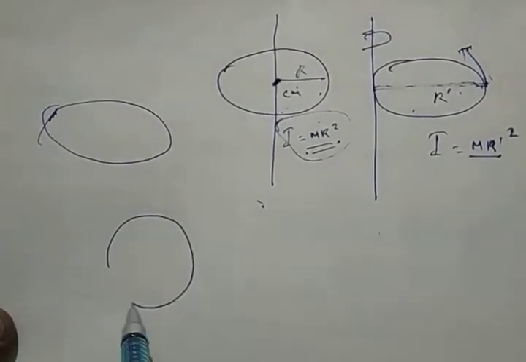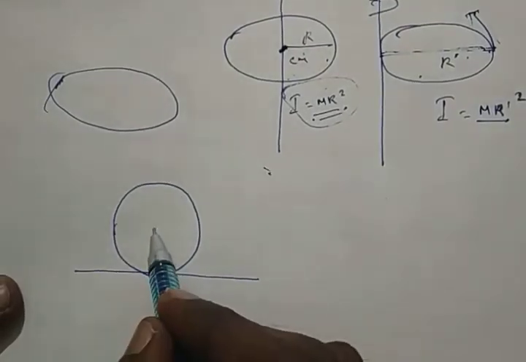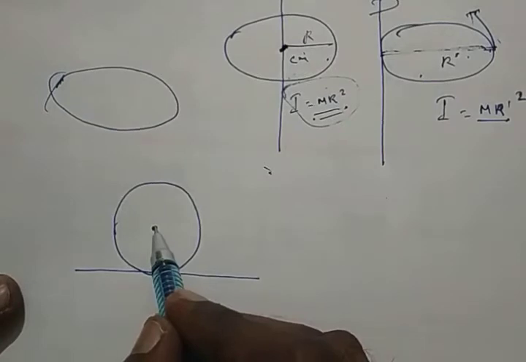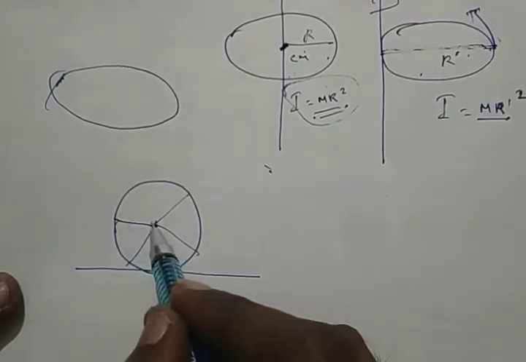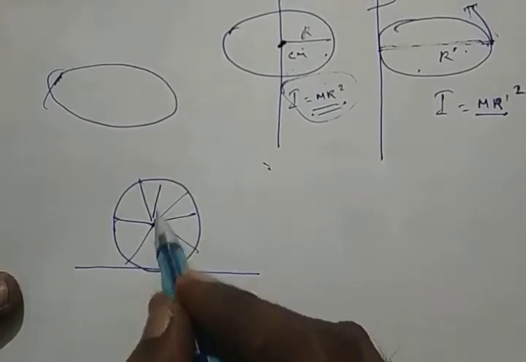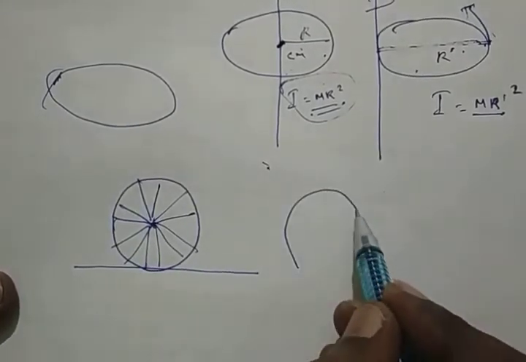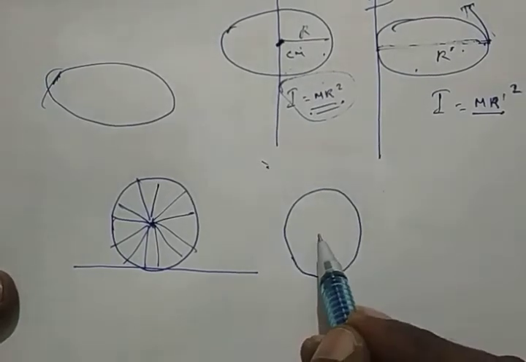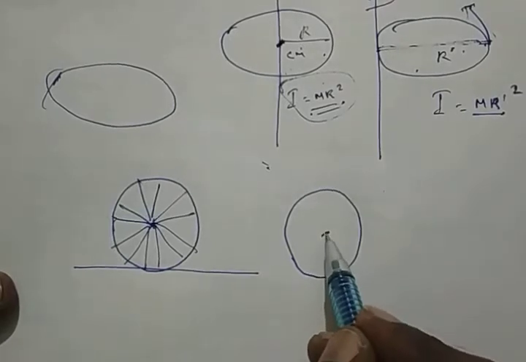Suppose you have a cycle wheel. If you look at the cycle wheel, its axis is exactly at the center. Spokes are all there. Have you seen that one? Try making a cycle wheel and shift the axis a little bit away from the center. If this is the center, the axis is a little bit away from the center.